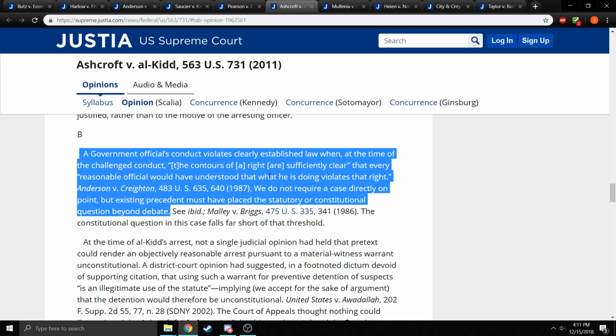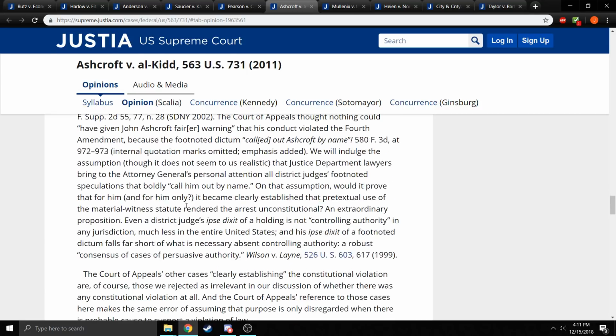And it also goes on to say, which I think is interesting, we do not require a case directly on point, but existing precedent must have placed the statutory or constitutional question beyond debate. So precedent is different than persuasion, but then it goes on to say that it's talking about district judges' opinions, that they're not controlling authority in any jurisdiction.